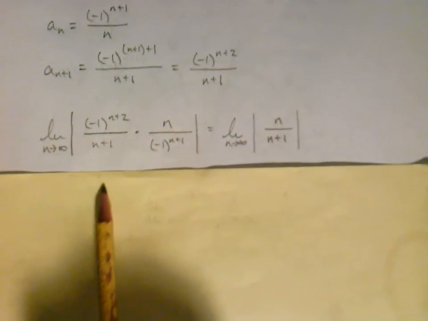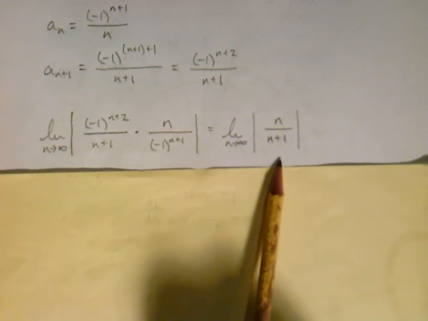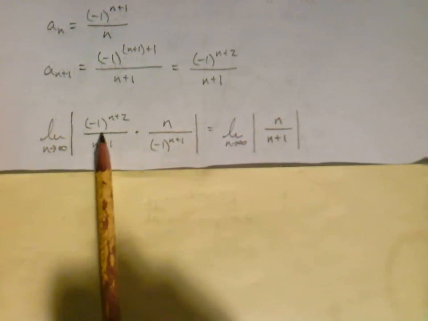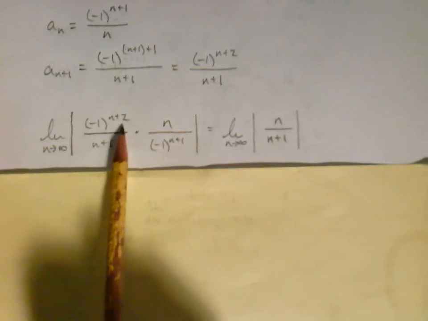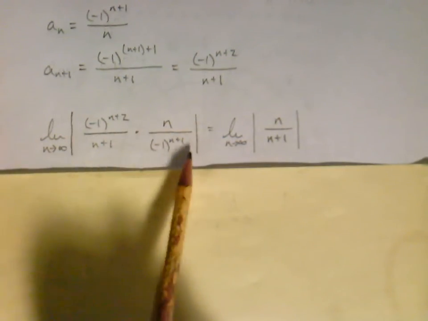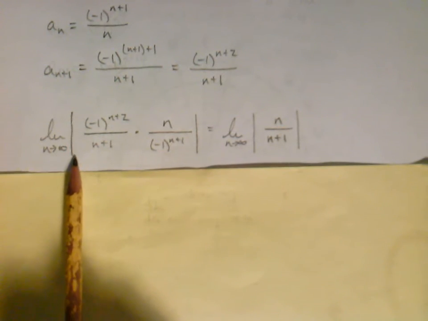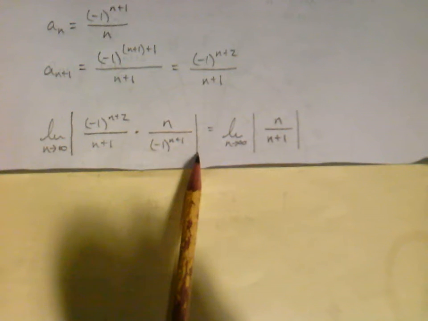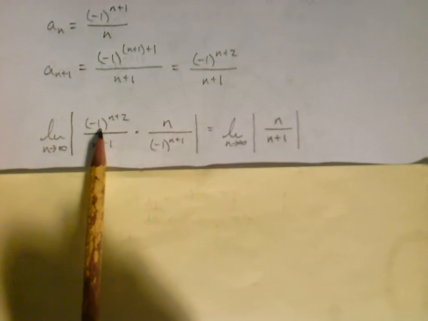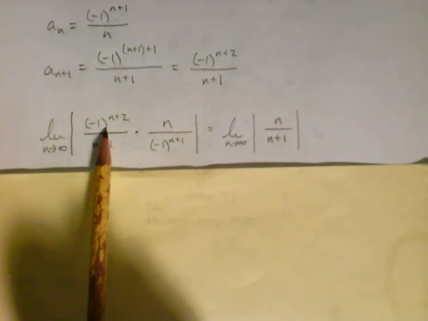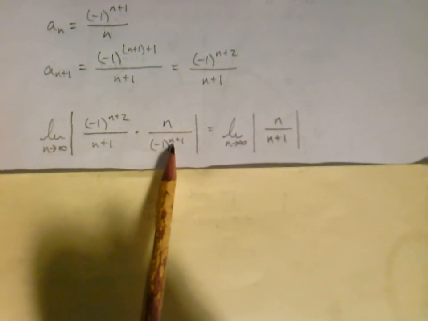Okay, so you see my first step here with this limit, and what happened from there to there. It turns out these negative 1s raised to the power can just vanish, and it's not really that they cancel out. That's not what's going on. It's the fact that we've got the absolute value. Either this is going to be positive 1 or negative 1, for different values of n. Same thing here.